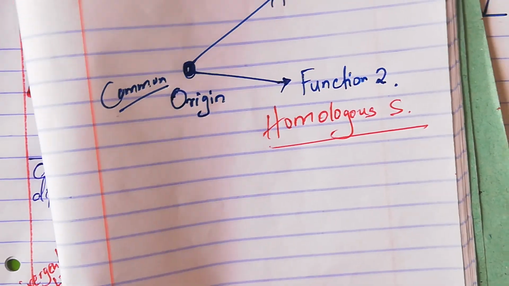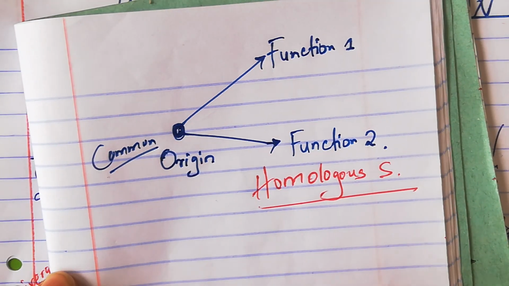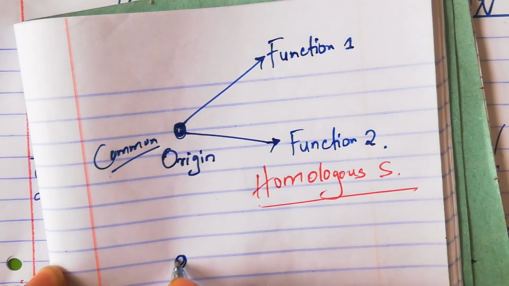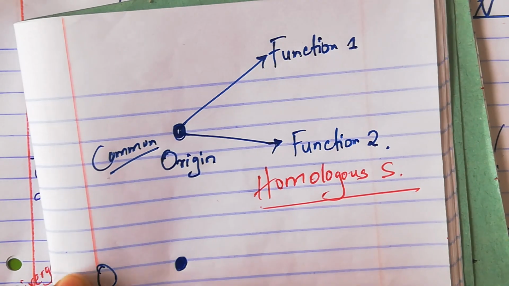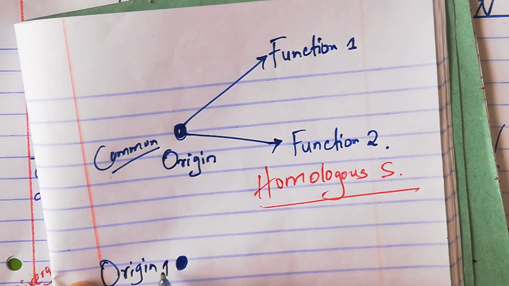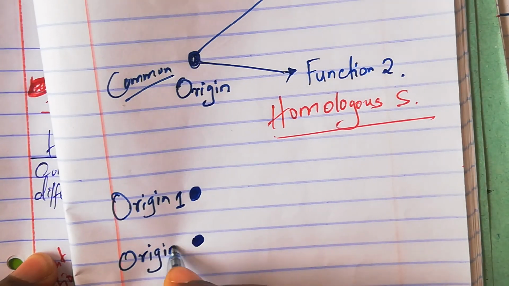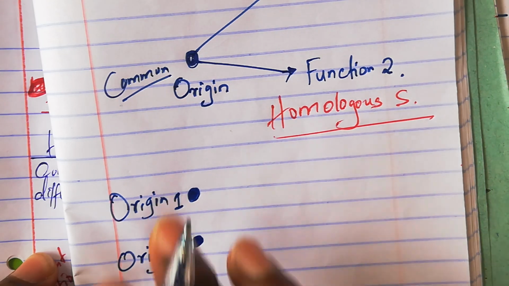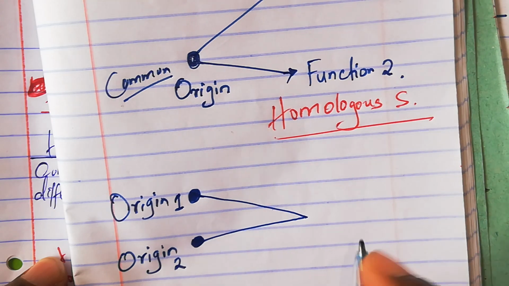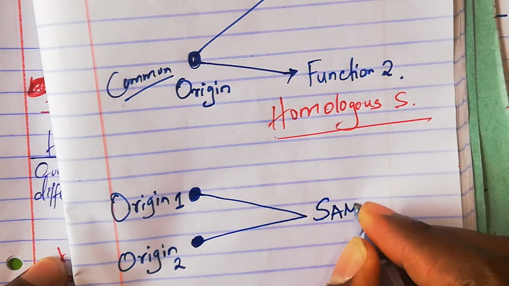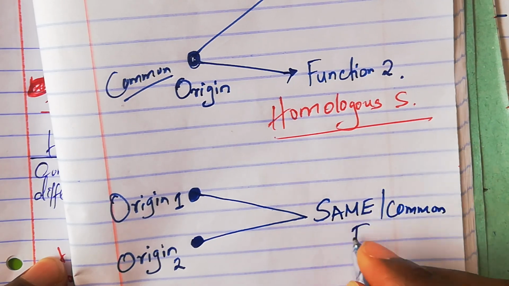So what does it mean? It means for analogous structures, the structures are going to be from different embryonic origin. So this is origin 1, and this is origin 2. Different embryonic origin but modified to performing same or common function.